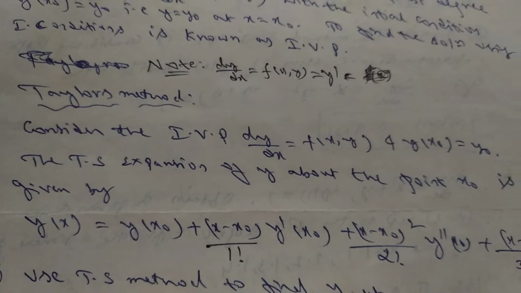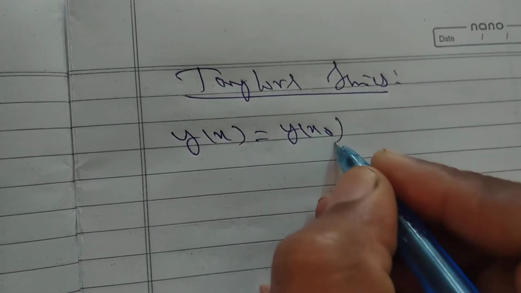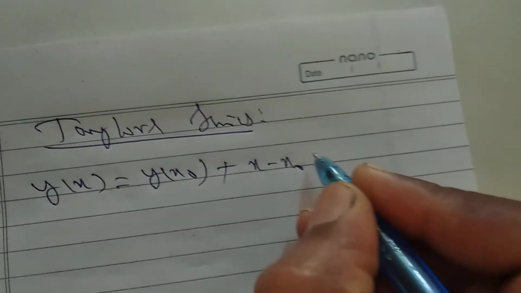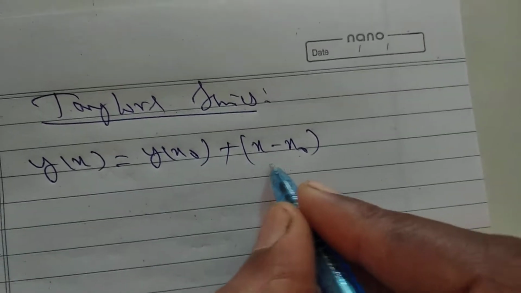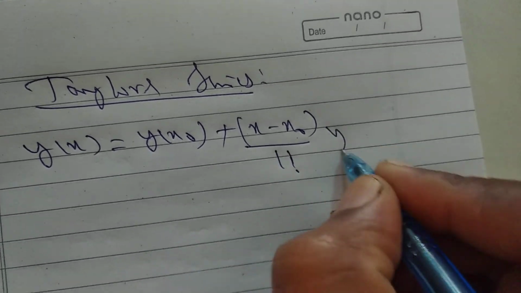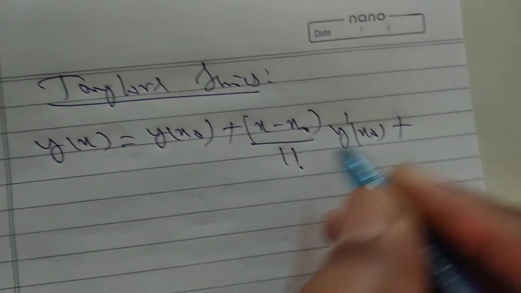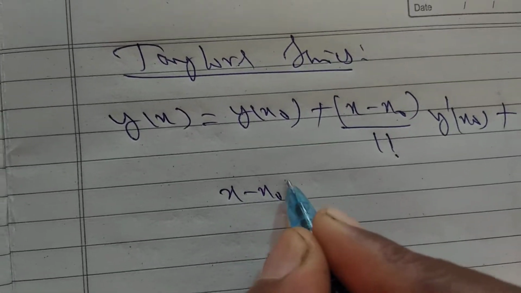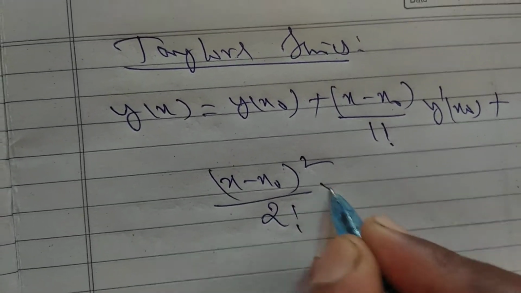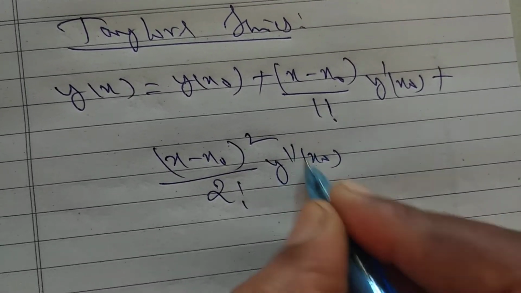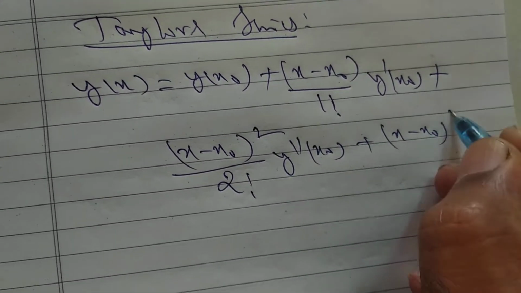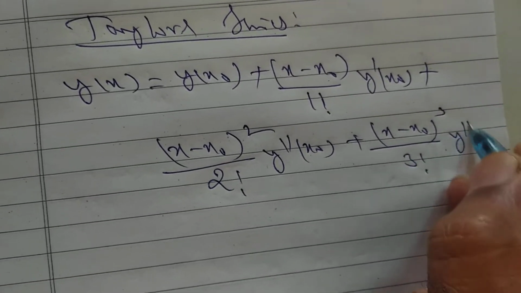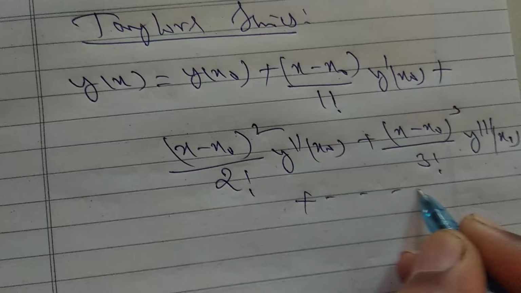Here, the Taylor series formula is: y of x is equal to y of x naught plus (x minus x naught) divided by 1 factorial into y dash of x naught, plus (x minus x naught) whole square by 2 factorial into y double dash of x naught, plus (x minus x naught) whole cube divided by 3 factorial into y triple dash of x naught, plus etc.